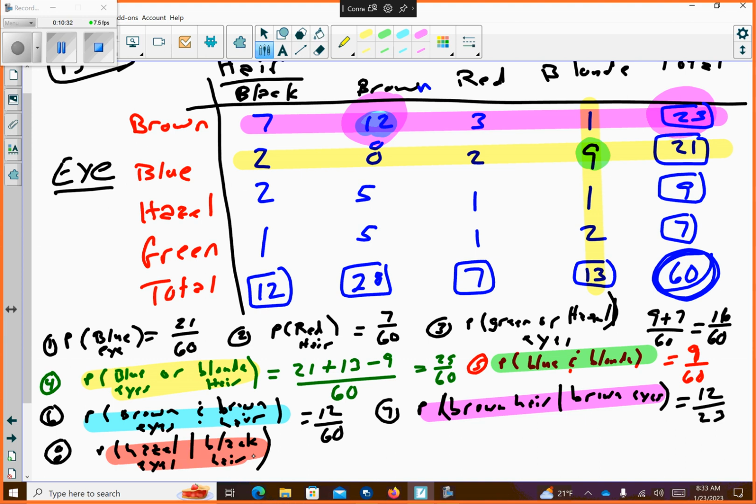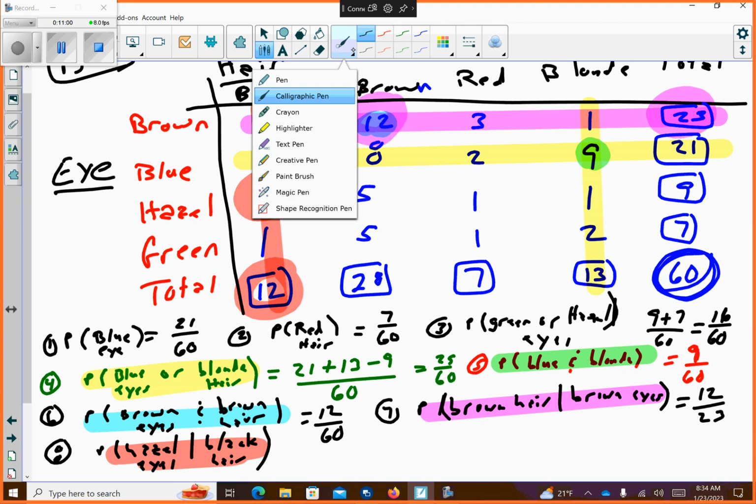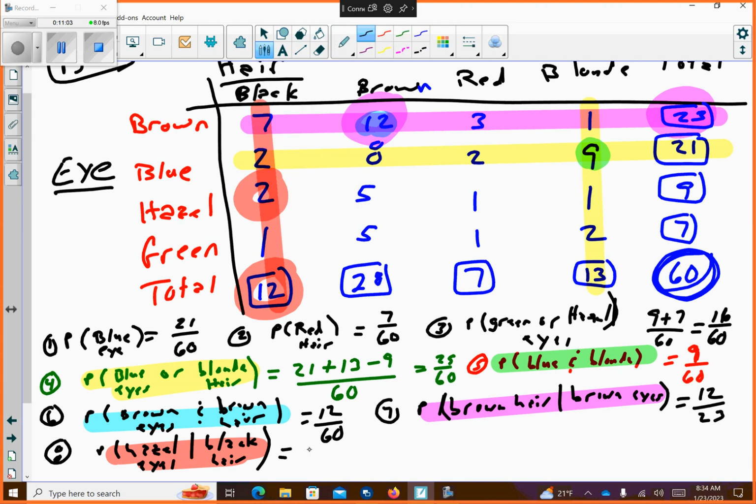We want the black hair. So it's this group here. So this 12 will be my denominator. This is the same thing. You have everyone back in the classroom. Say, okay, everyone with black hair, stay here. Everyone else walk out. So you have 48 people that walk out of the room. Then we want to know the probability that they have hazel eyes. So that's 2 out of 12 probability. So you're being selective with your group.